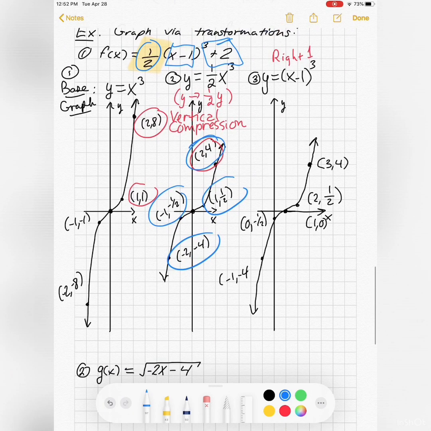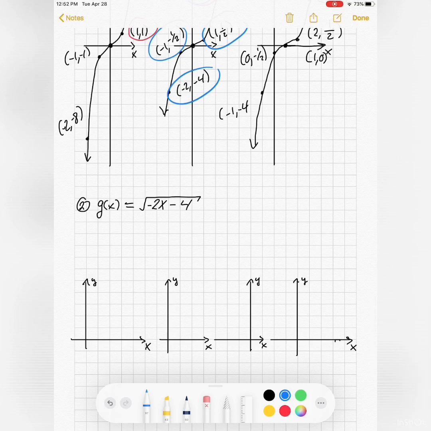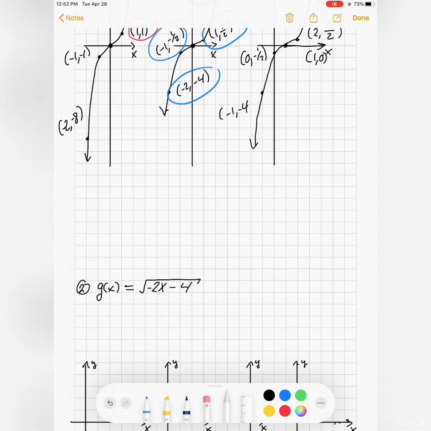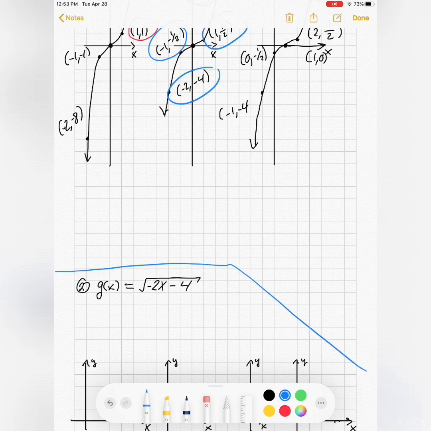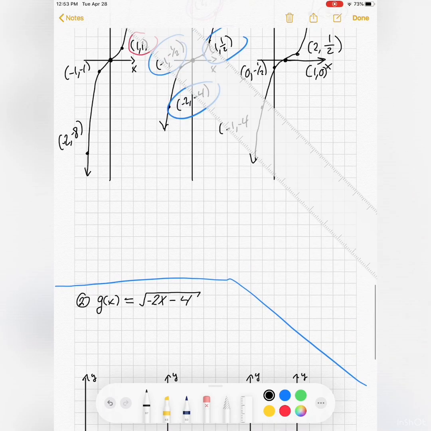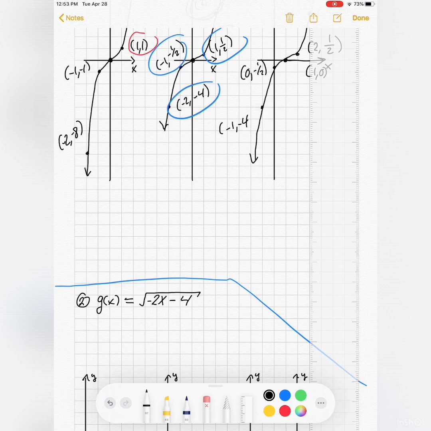So I'm going to have that same graph, but shifted up 2. Let me move this next one down. So we've got this last graph.